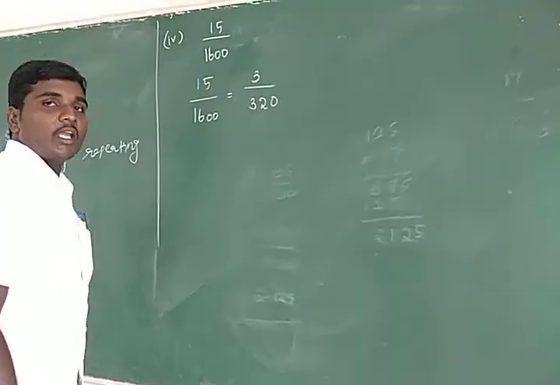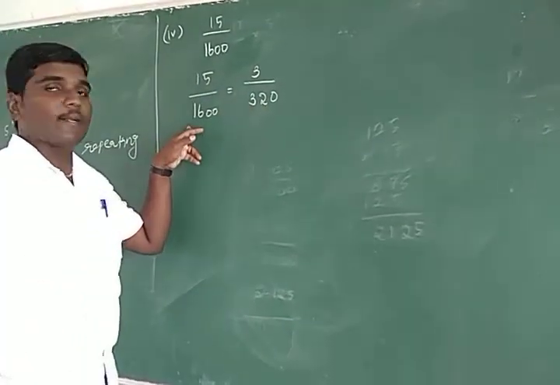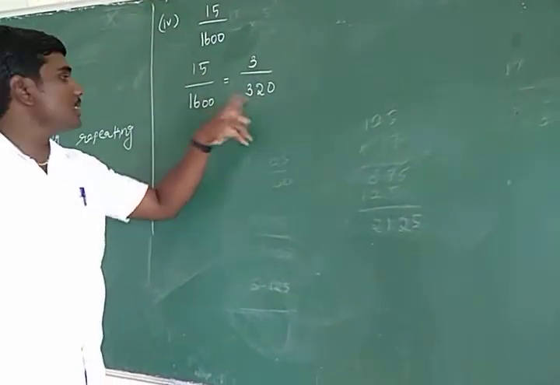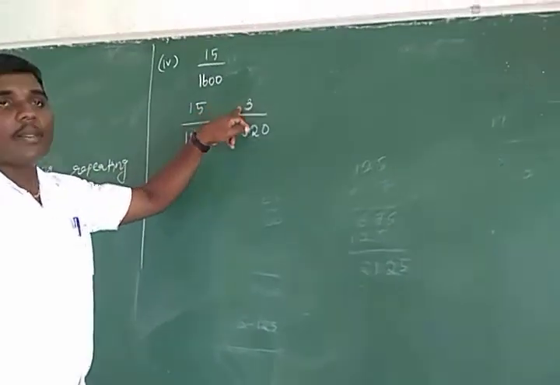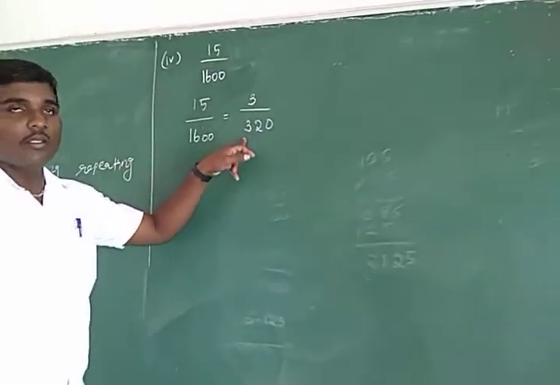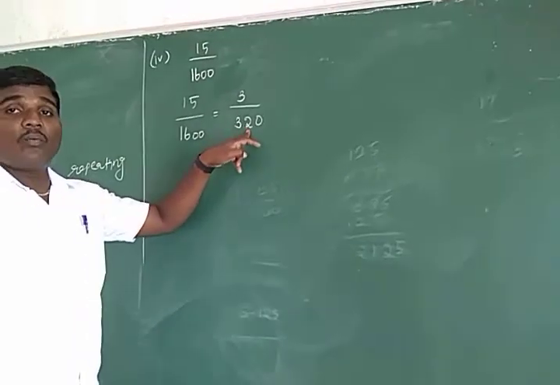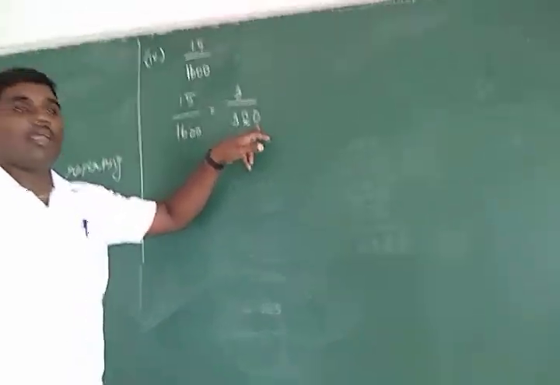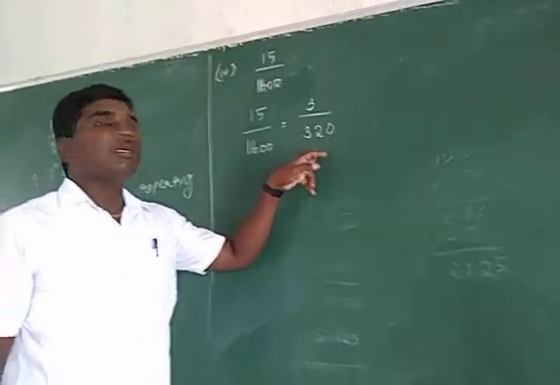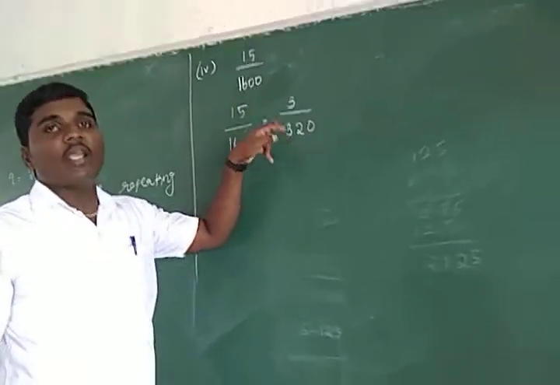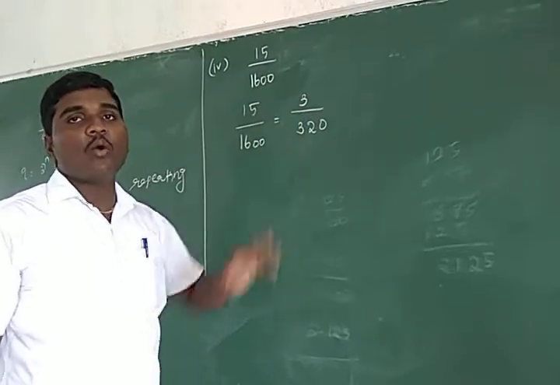So 1600 is 320 times 5. Okay, 3 is a prime number. Check whether 320 is a multiple of 3: 3 plus 2 is 5, 5 plus 0 is 5. The sum of digits is not a multiple of 3, so we cannot divide by 3. So these two numbers are co-prime.